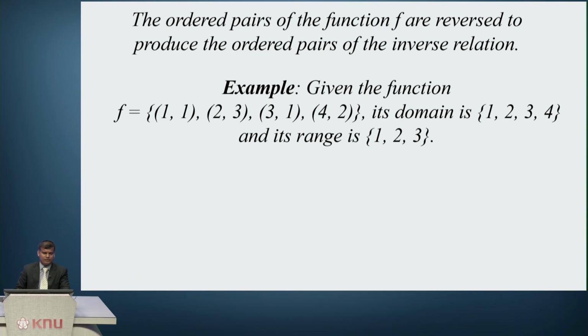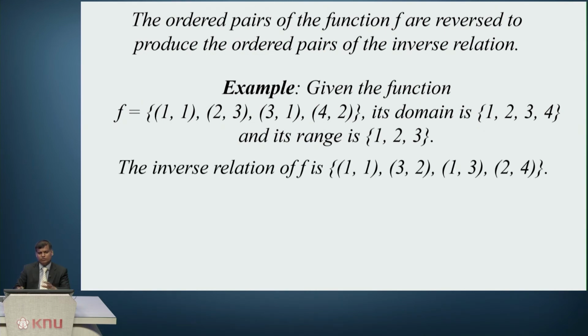So for example, given a function f equals 1 comma 1, 2 comma 3, 3 comma 1, and 4 comma 2, its codomain is 1, 2, 3, and 4, and its range is 1, 2, 3. Then the inverse relation that we are going to have would be 1 comma 1, 3 comma 2, 1 comma 3, and 2 comma 4.